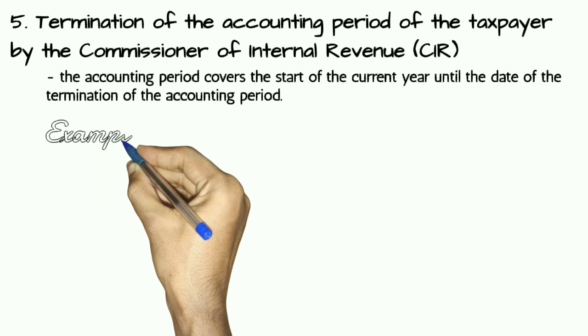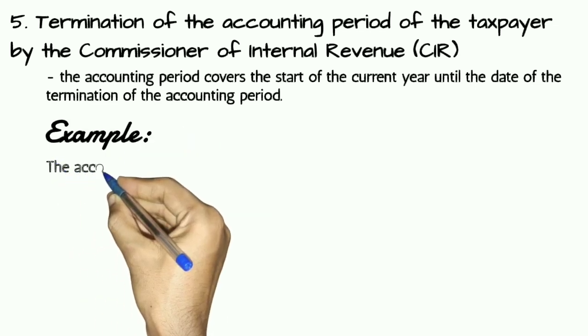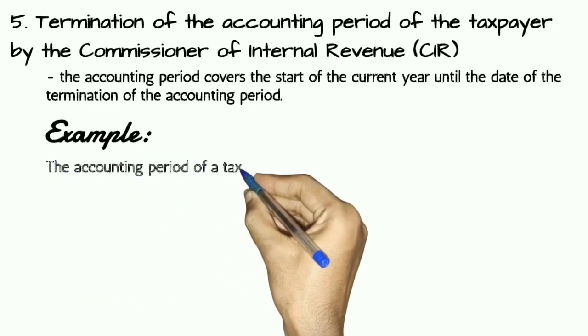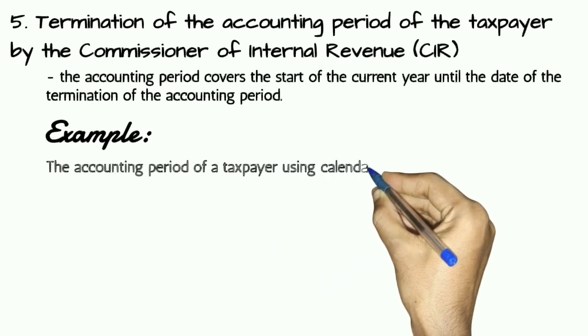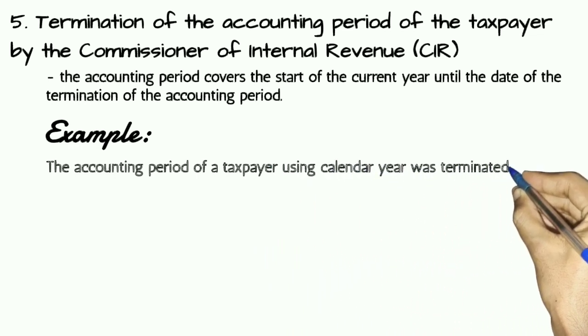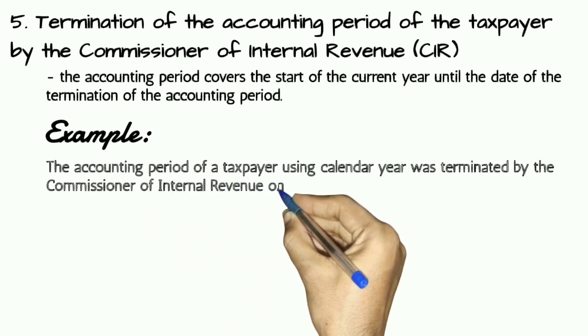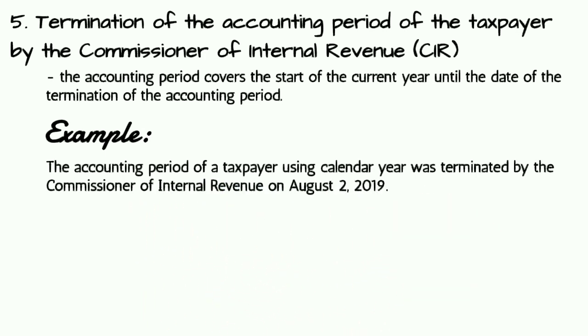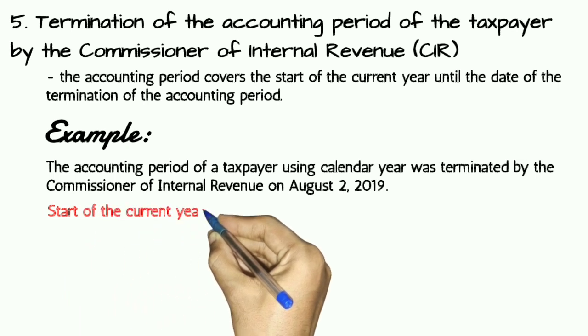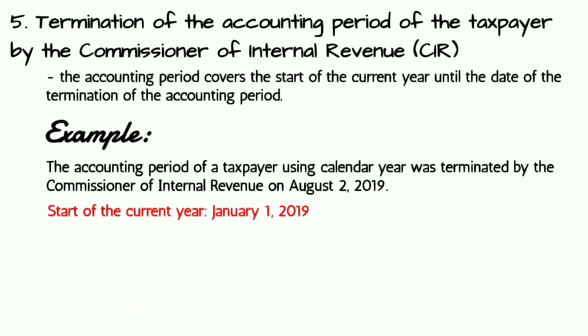For example, the accounting period of a taxpayer using calendar year was terminated by the CIR on August 2, 2019. The start of the current year is January 1, 2019.